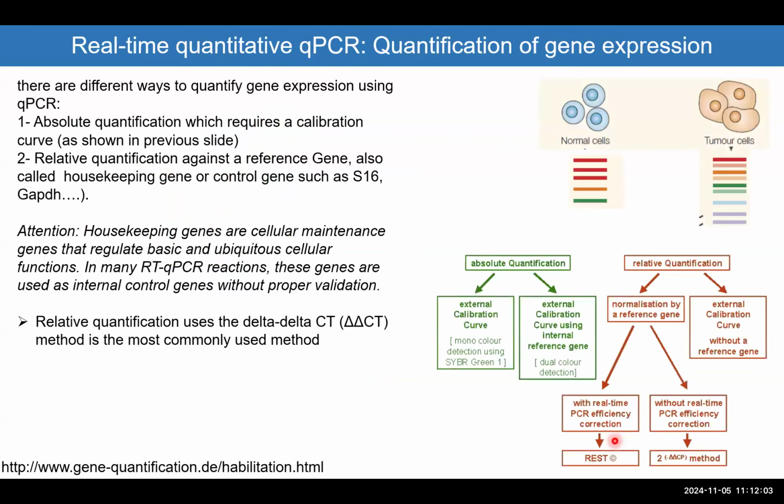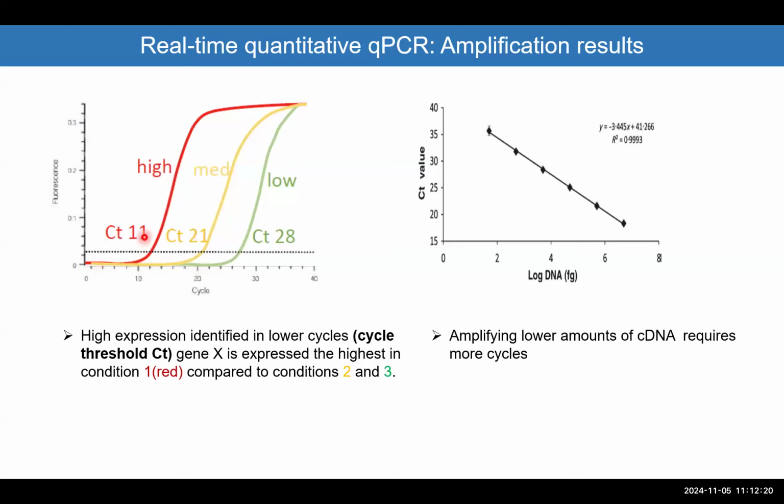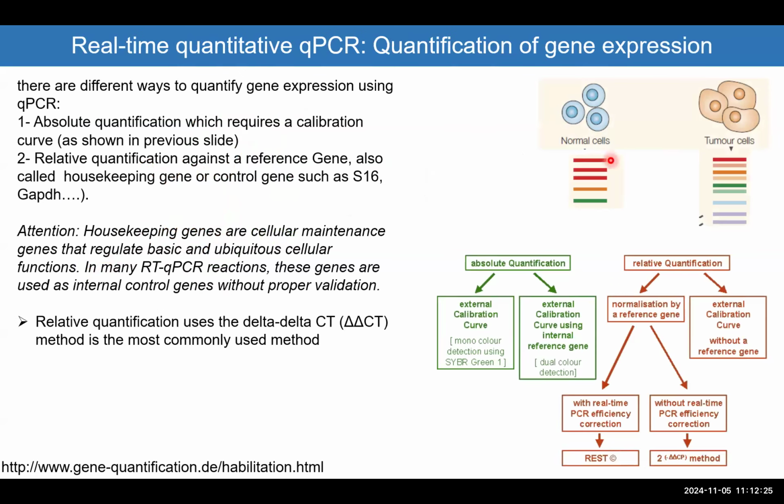Okay. Now, if you are taking the example of a normal cell to a tumor cell, like for example, if we're looking at the red transcript and we have a primer that is specific to the red transcript, ideally, you will have much more in a normal person compared to someone who has a tumor in terms of the red transcript, because from the tumor cells, you have only one copy here, and you need much longer time for that cDNA to amplify and generate the cycles, while in a normal cell, you have many copies to start with.